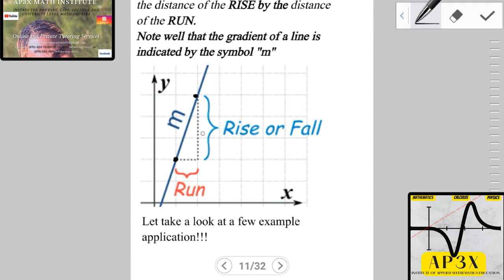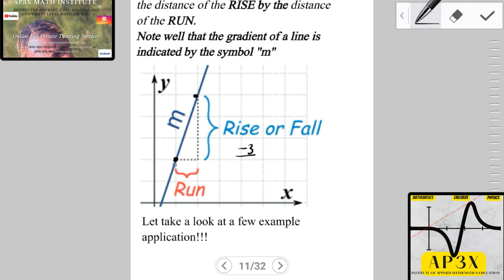So if you were to calculate this using, say for example, a 1-to-1 scale, then my rise distance here would have been, let's say here, 1 unit, 2 unit, 3 unit, and I'm actually going in a downwards direction. So for this particular line here, my rise, or in this case my fall, is going to be -3, and now I'm running towards this direction.